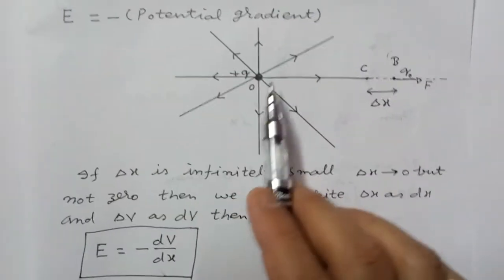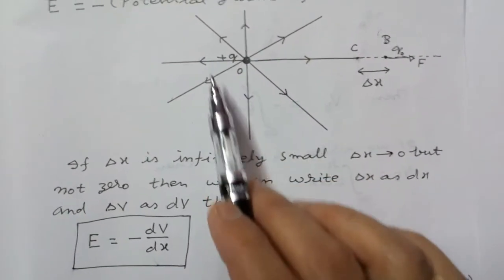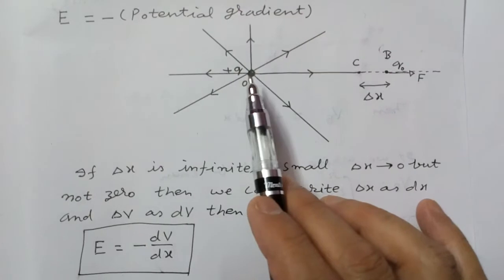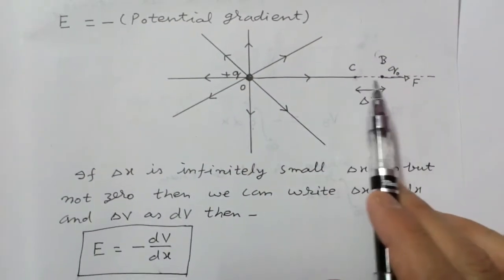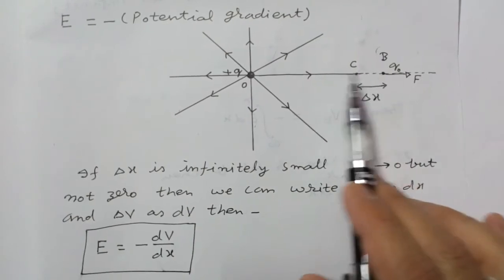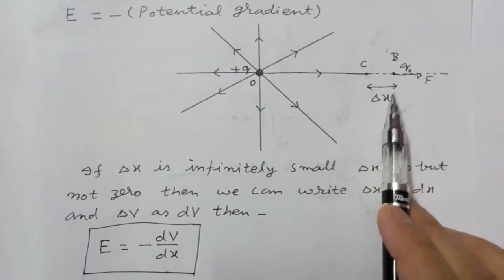We may do the same exercise by taking the electric field due to a point charge plus Q. Suppose this is a point charge plus Q, and at B a test charge plus Q naught is kept. We bring this plus Q naught charge from B to C. A small displacement is delta x, and we will get the same formula.